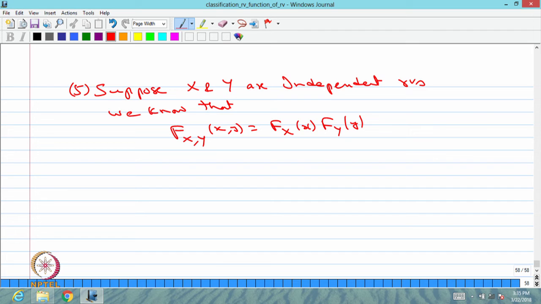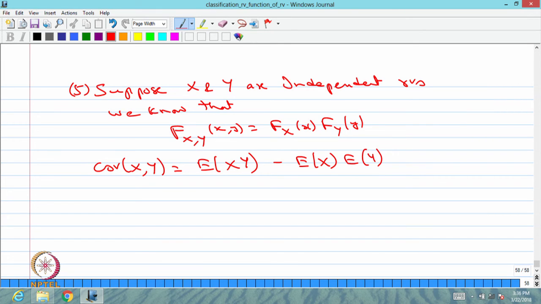So here we are computing the covariance of x comma y, that is the same as expectation of x into y minus expectation of x into expectation of y.